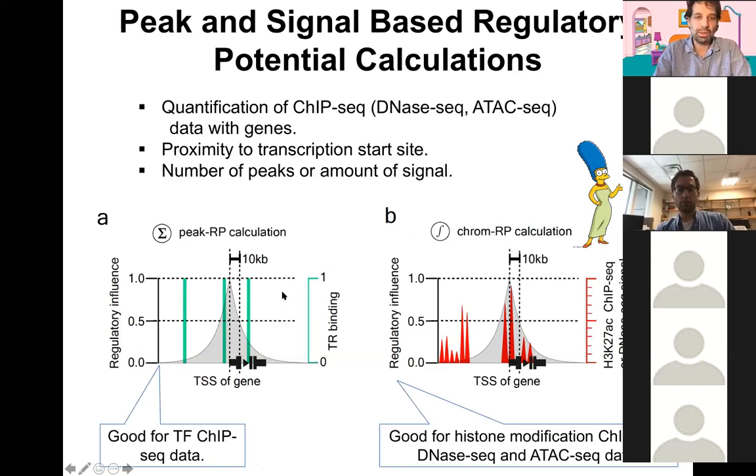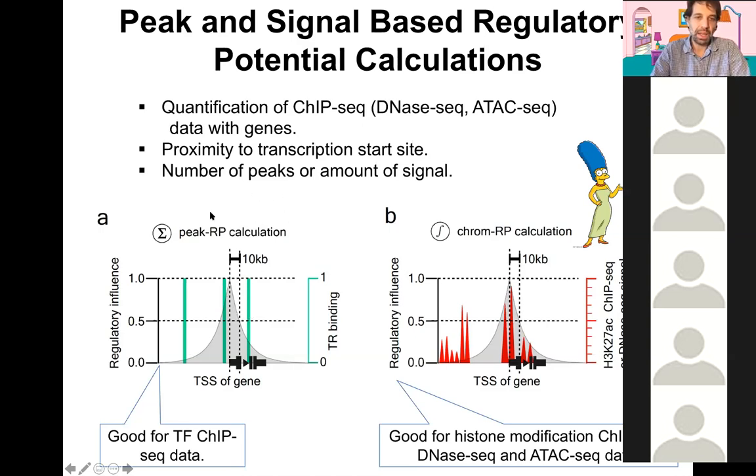This is a way to quantify the association between transcription factor binding and the transcription start site of genes. We believe that the transcription start site is the important location to focus on. It integrates the proximity of the transcription start sites to the binding sites, and also the number of peaks.